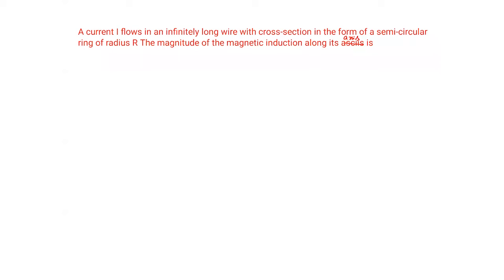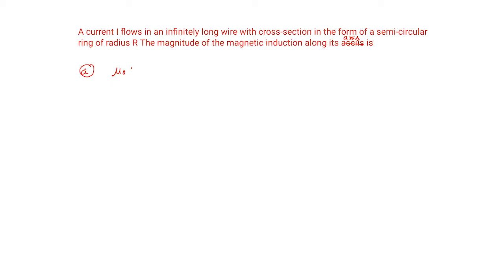So a current I flows in an infinitely long wire with a cross section in the form of a semicircular ring of radius R, the magnitude of magnetic induction along its axis is. Here are the options.